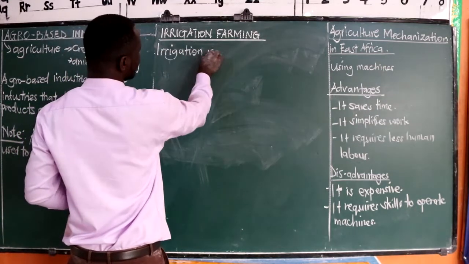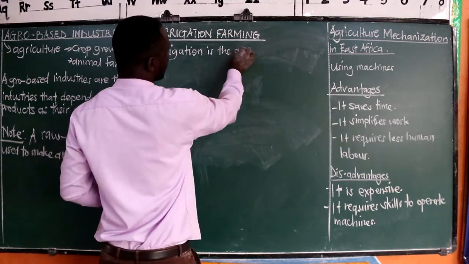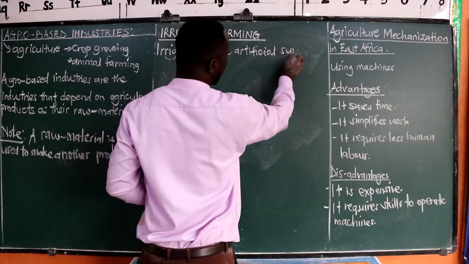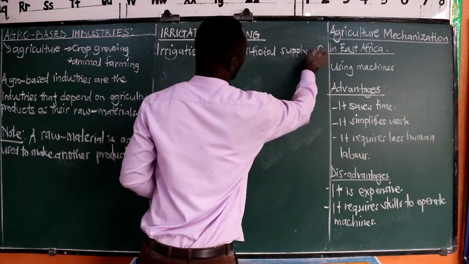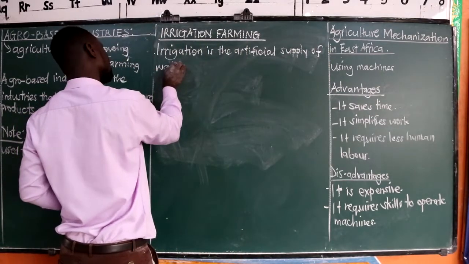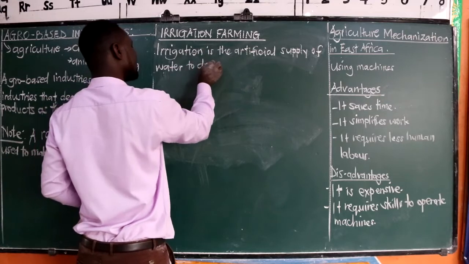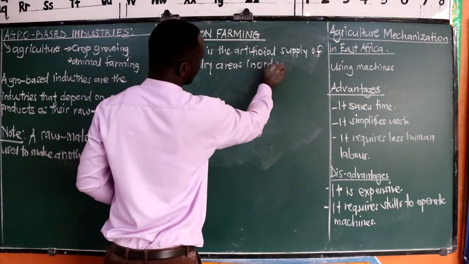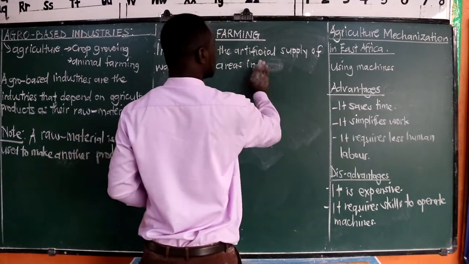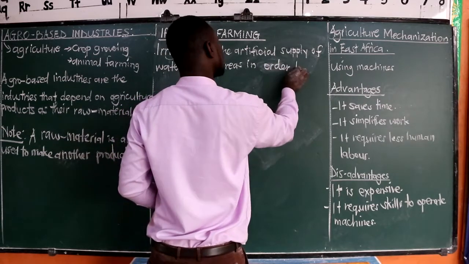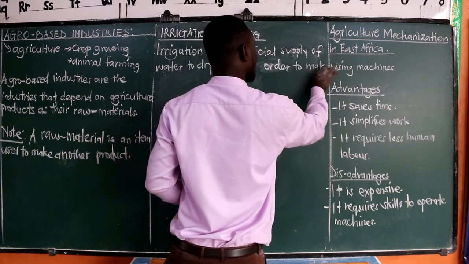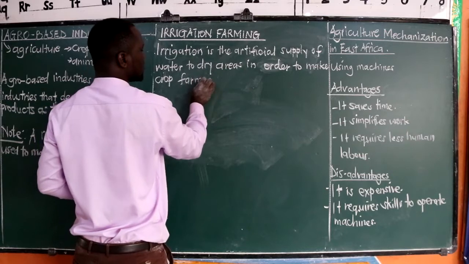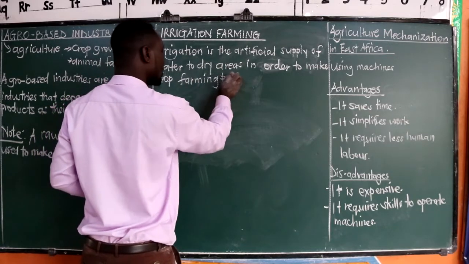We can say irrigation is the artificial supply of water to dry areas in order to make crop farming possible.